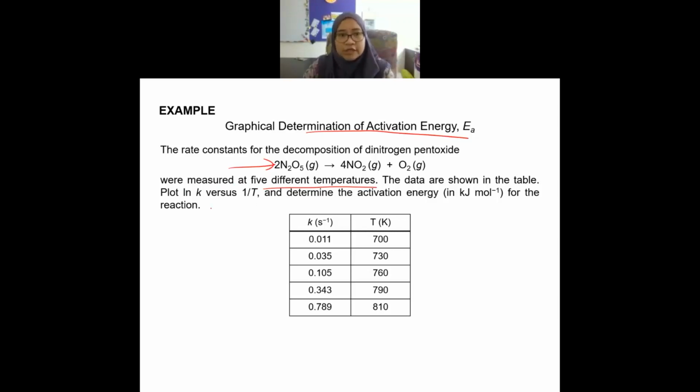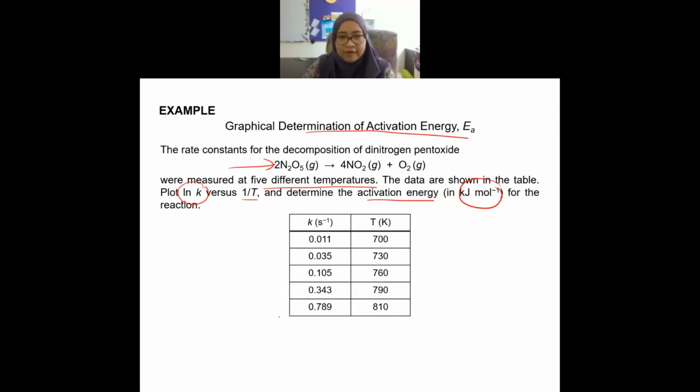The data are shown in the table. So you have to plot the ln K versus 1 over T and determine the activation energy in kJ per mole. So it is mentioned, the unit is mentioned in the question. Make sure that you convert, lastly, you have to convert into kJ per mole for the reaction.